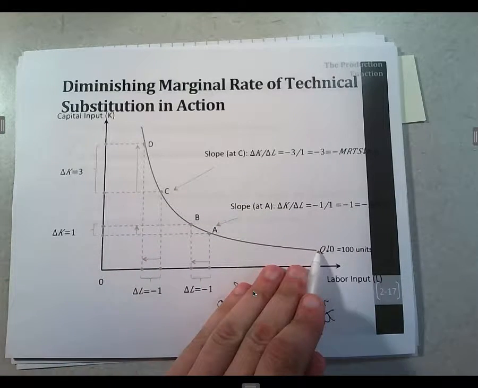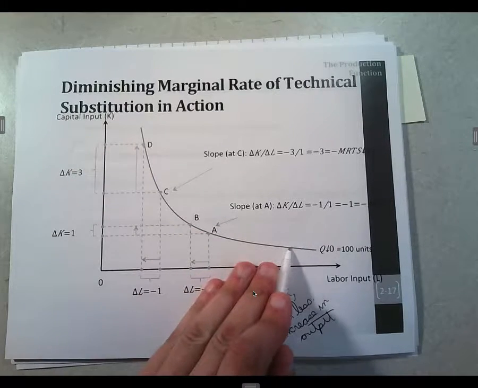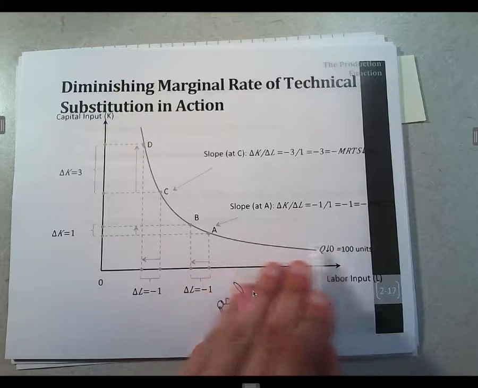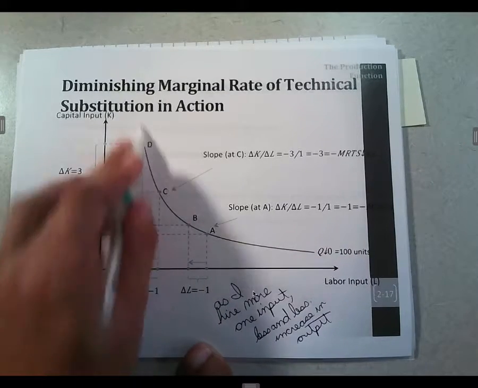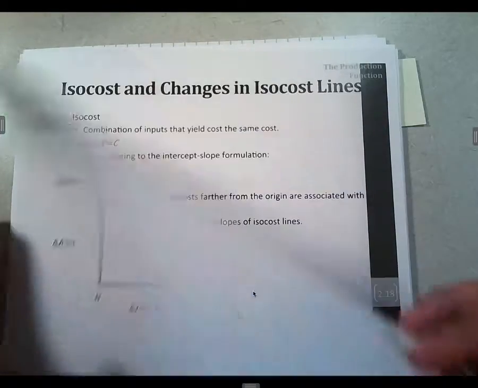Either the slope is getting flatter and flatter, or steeper and steeper. When it's becoming flatter here, that means it takes a whole bunch of inputs of labor to get more output, or the same amount of output. Here it takes a whole bunch of capital just to keep the same amount of the outputs.